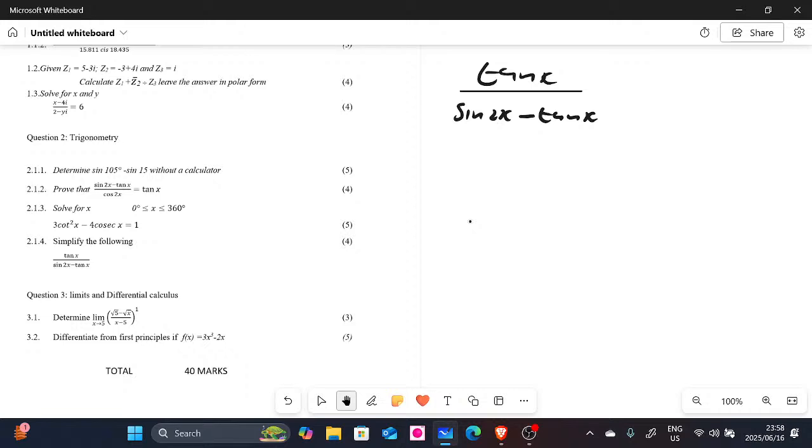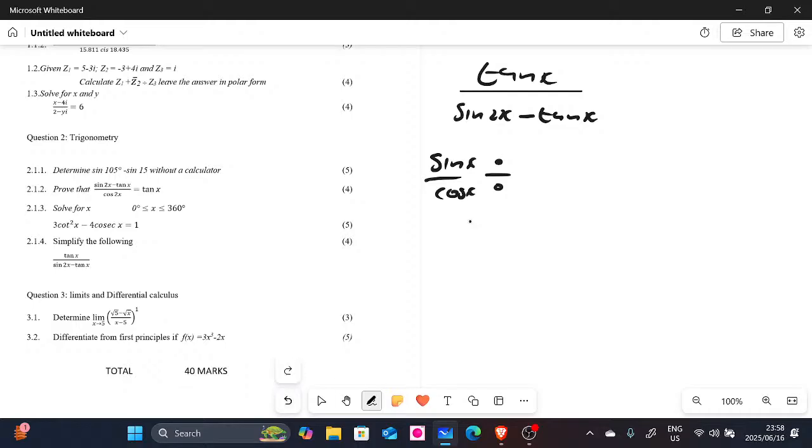All right, let's try to simplify this. The best thing that you can do here is to change all of this. First of all, you change the numerator into sine x over cos x. Instead of writing this line, you write divide like that.